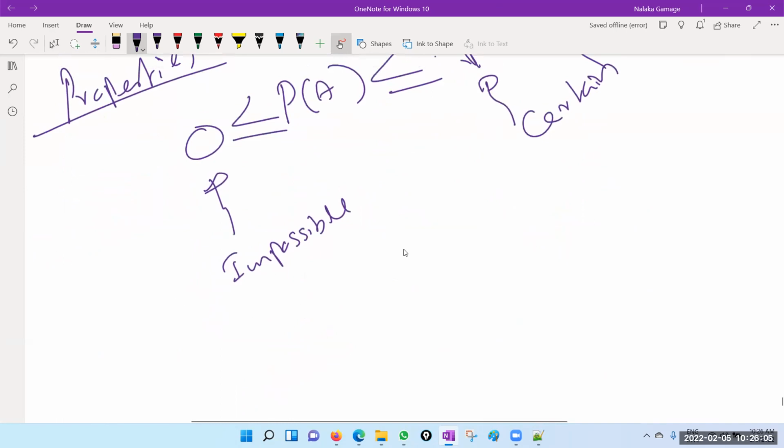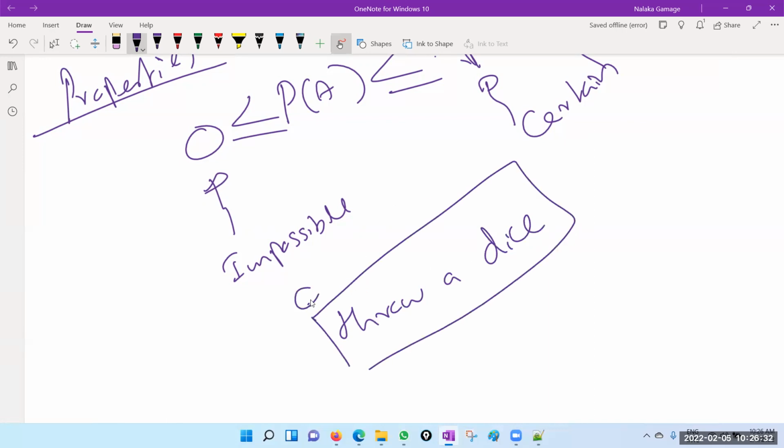Can you give me an example? My experiment is, now I can see whether you can think. Okay. Let's say there are people who think and people who memorize. There is a big difference there. We want the people who can think. So I am giving you an experiment: throw a dice. That is my experiment. Now the experiment is throw a dice. Can you give me an impossible event?